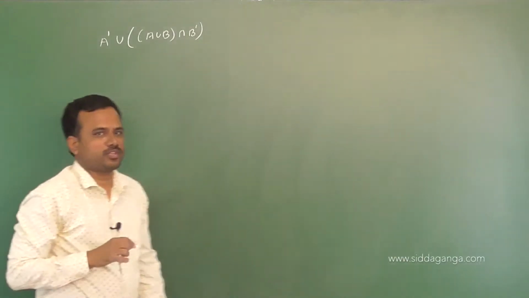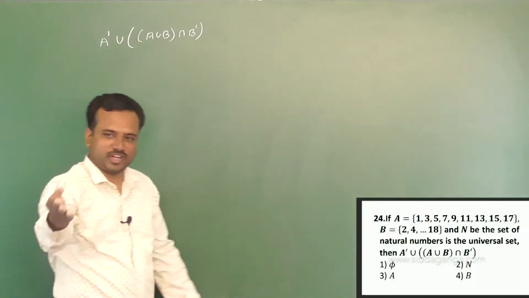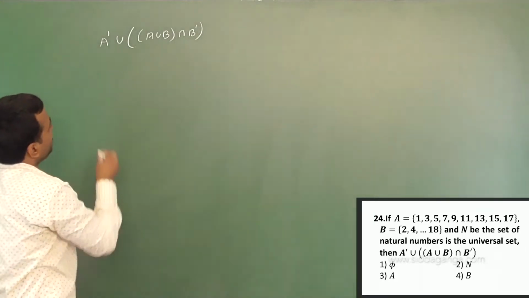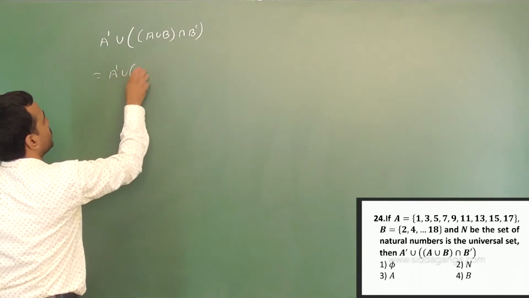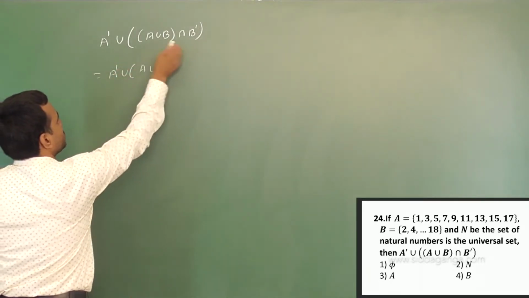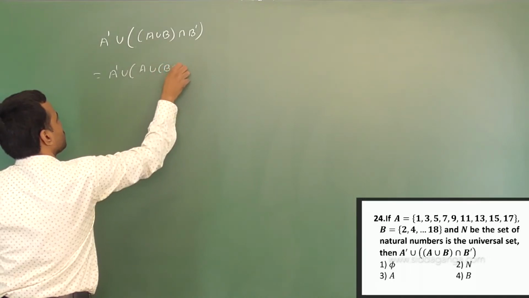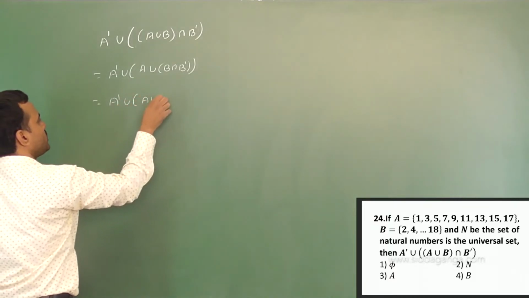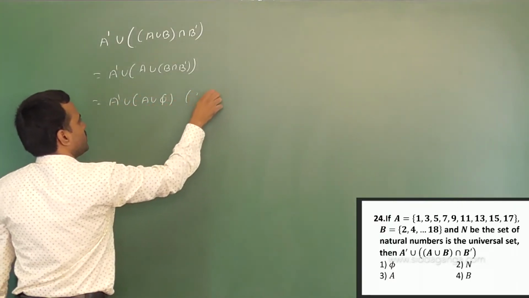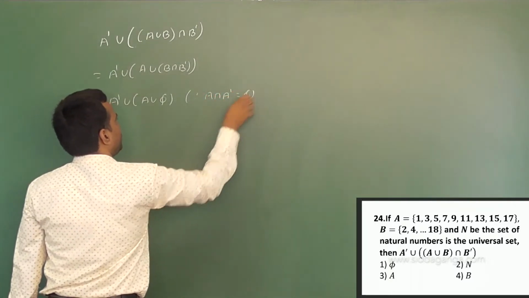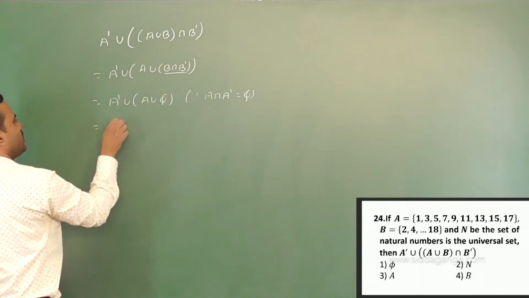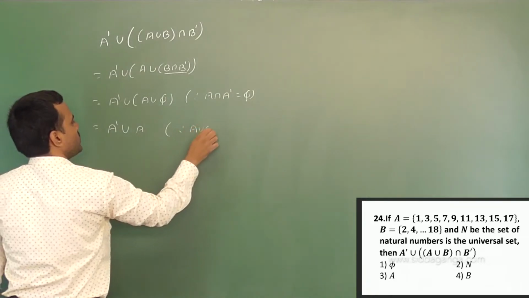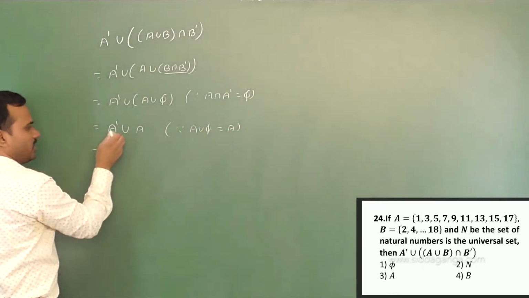We do not solve this analytically, as it is very lengthy; the sets are finite but have many elements. It is better to use the properties. A dash union (A union (B intersection B dash)). Since B intersection B dash is empty, we get A dash union (A union empty), which is A dash union A, since A union empty is A itself.